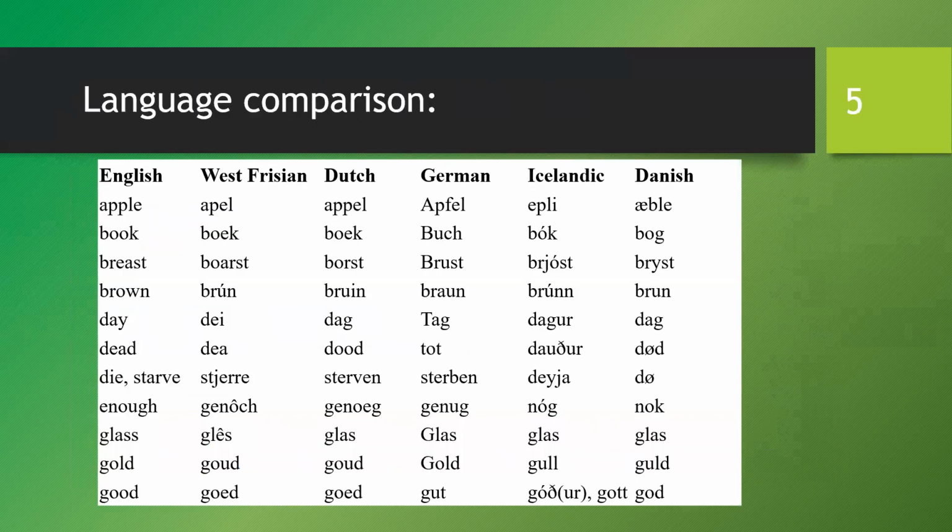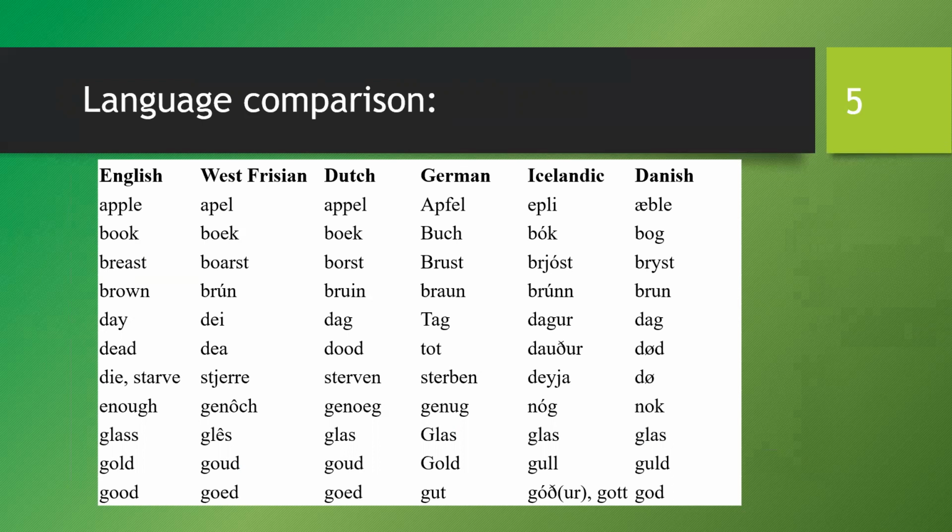Okay, so how does this historical study of language work? Before I start to talk about the situation of Tai Ahom, which will be the main aspect of today. So here we have a group of words in a range of languages: English, West Frisian, which is spoken on some islands off the coast of Holland, Dutch, German, Icelandic, and Danish. And we can see immediately that there are relationships between all of these words.